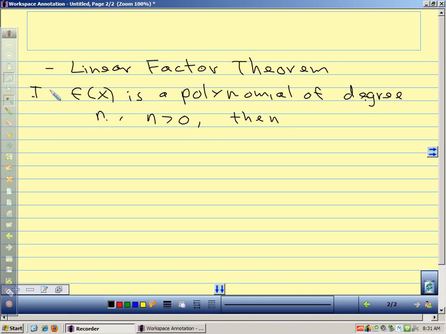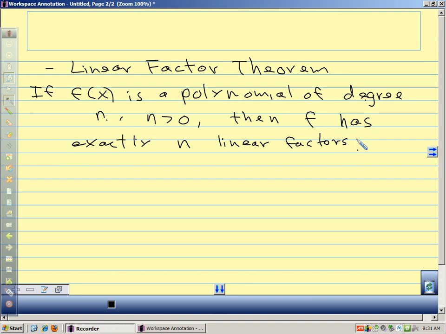I'm going to write an if here. If f of x is a polynomial of degree n where n is greater than 0, then f has exactly n factors. And by linear factor, we mean something like x minus 2, x minus 3, x plus 2.